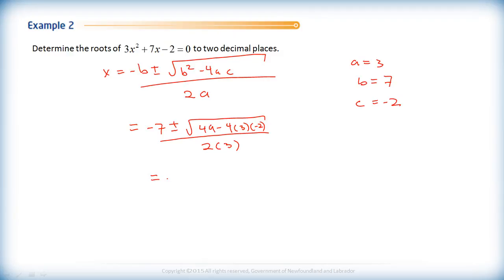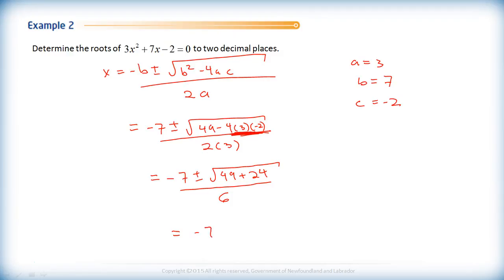Okay, so it's negative 7 plus or minus the square root of... Got to work these things out before we can combine them with that 49, order of operations. Two negatives are going to make a positive in the end here. 4 times 3 is 12, times 2 looks like 24. All divided by 6.